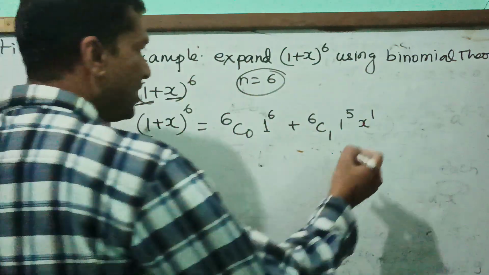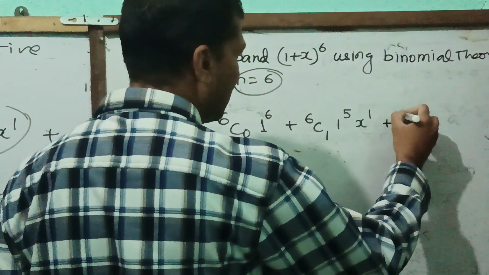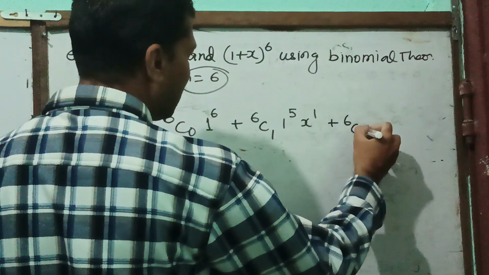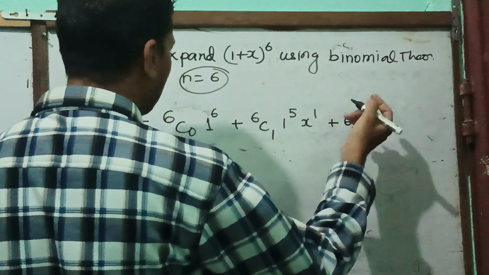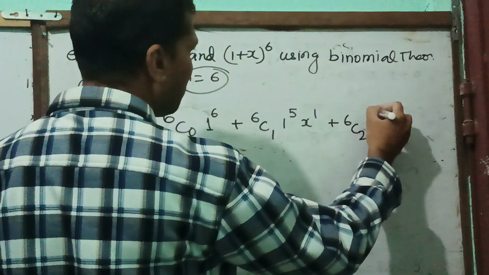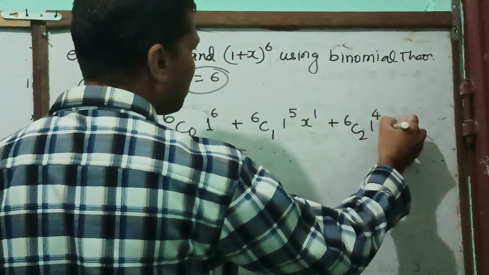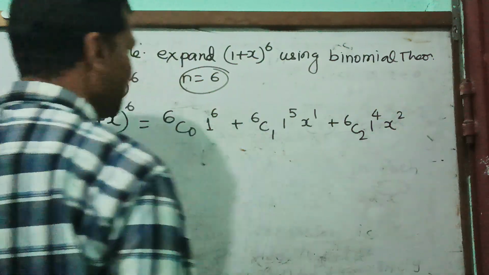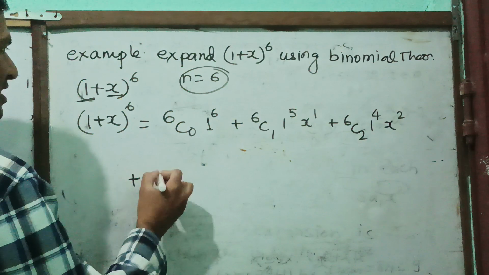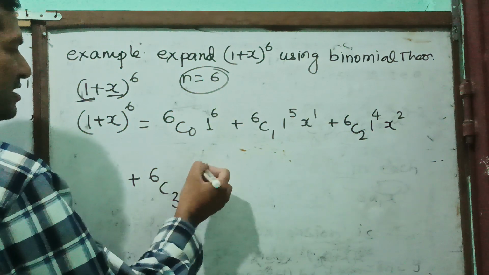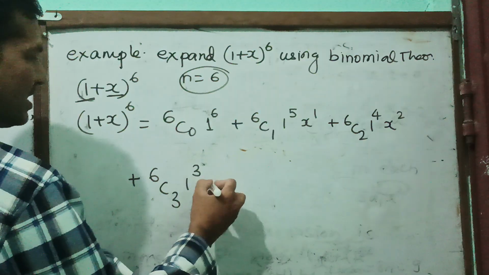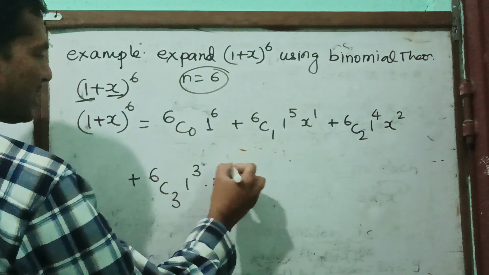Third term, 6C2 1 to the power 6 minus 2, which is 4, and x to the power 2. Next term becomes 6C3 1 to the power 6 minus 3, which is 3, into x to the power 3.